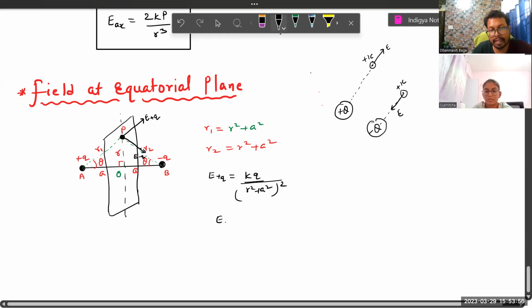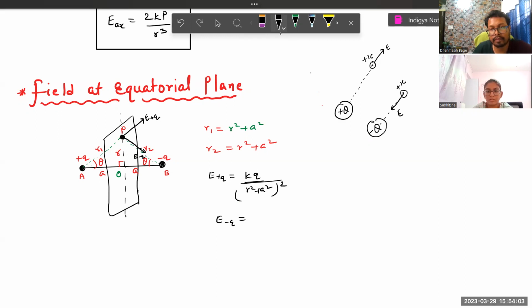And similarly, E minus Q, same thing, exactly the same.